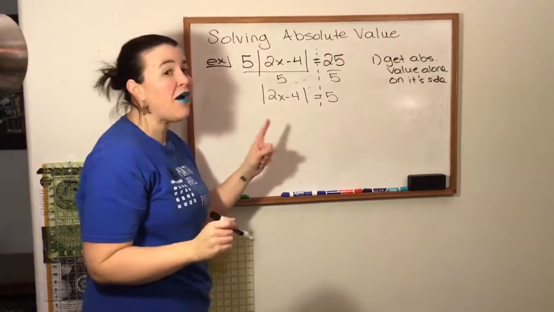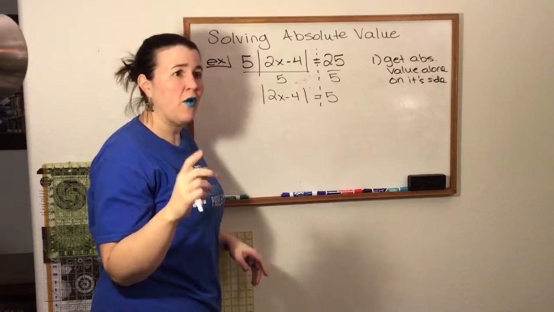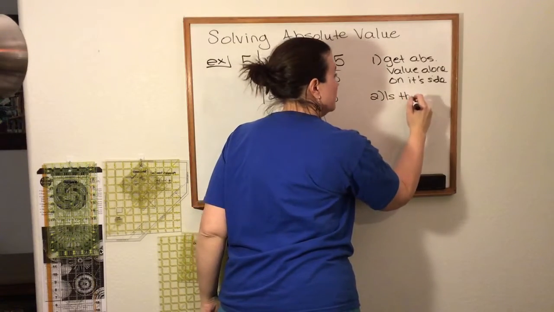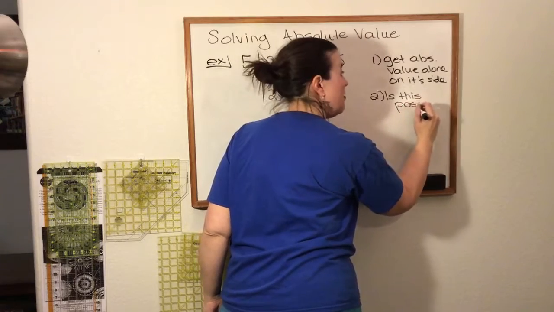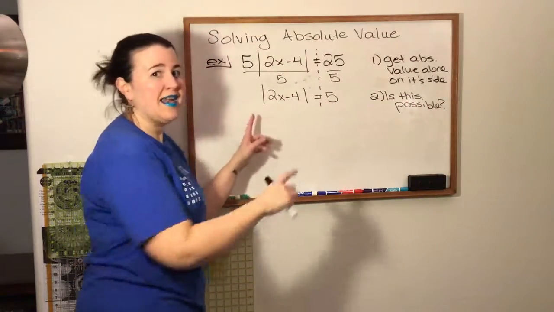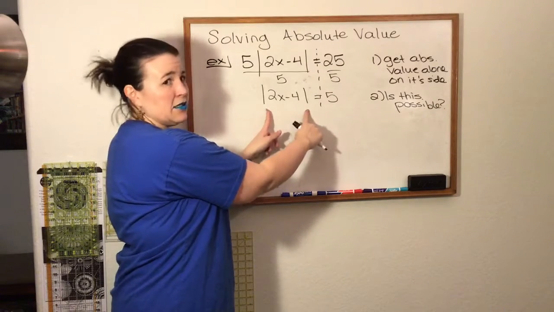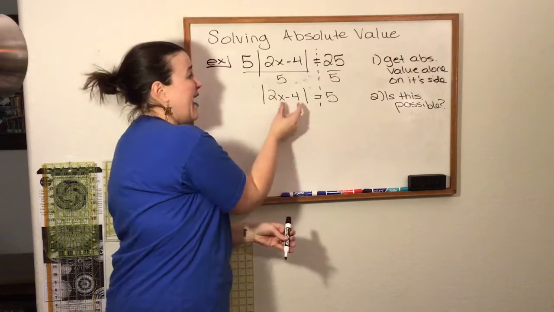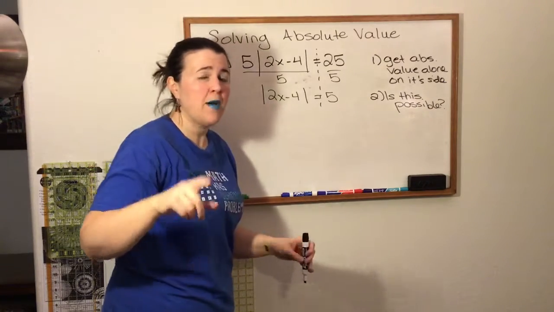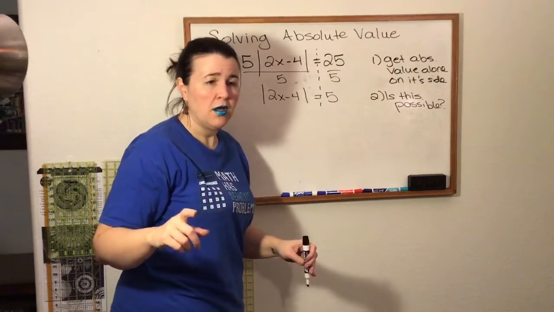Now, in absolute value, though, we have to think about, first of all, is there an answer? Is this possible? You ask yourself all the time. What I mean by that is absolute value means distance. So what you want to think about is, can I have a distance equal to 5? Can you stand up and walk 5 steps right now?